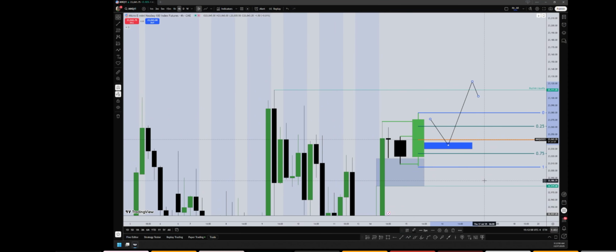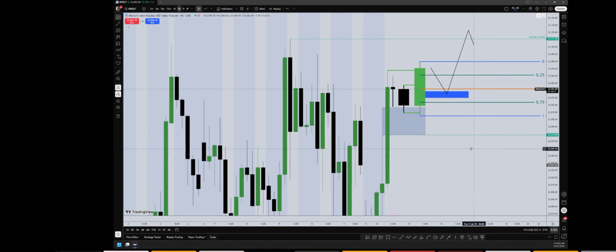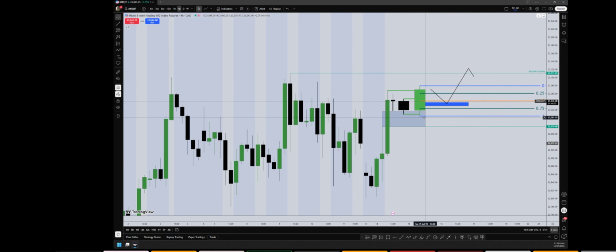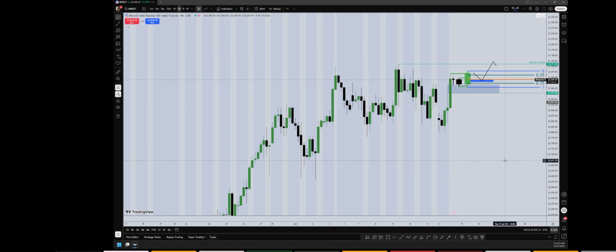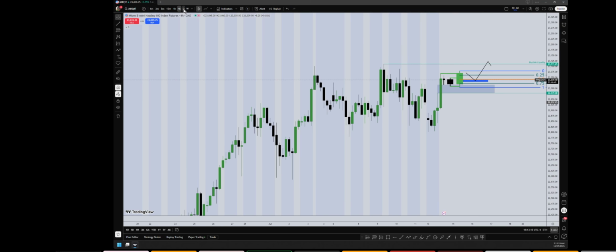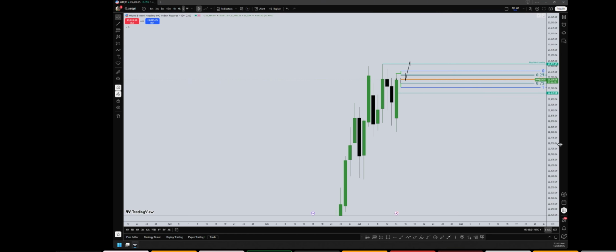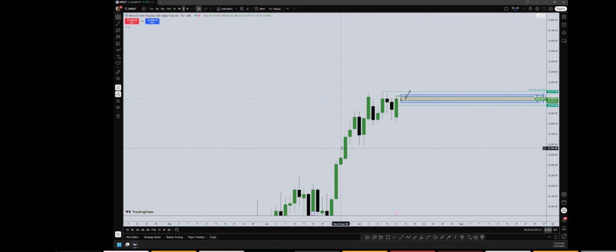Okay, if this is the scenario of tomorrow, what else can happen? Asia opened far lower, this fair value got inverted, market is going lower, okay, without taking this side. So this is your later use. After what? After that weekly bullish fair value gap. Remember, there is a weekly bullish fair value gap and daily fair value gap below this low still.